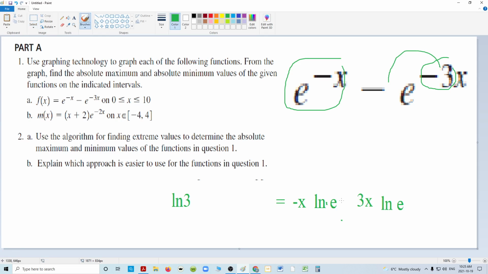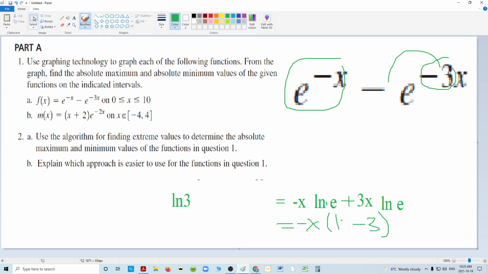Now you'll see that they both have an x in common. So you're going to take, I guess, the negative x. Yeah, let's take a negative x out of it. And you're going to be left with ln e, which, by the way, is 1, plus, or it becomes a minus, 3 ln e, which, by the way, is 1. So you're left with that.